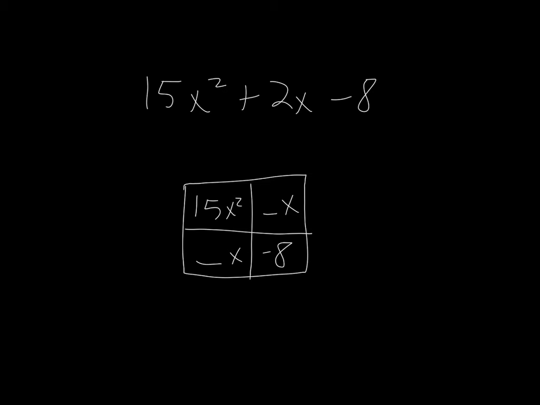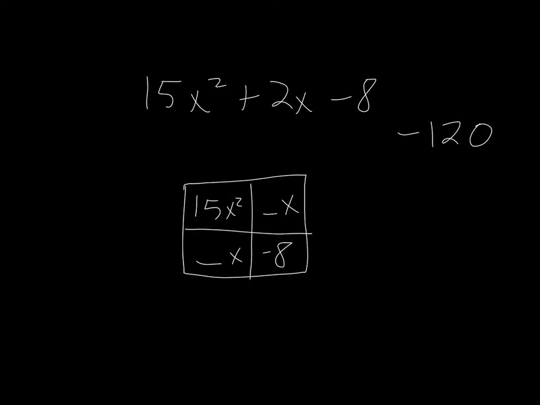So I need to multiply 15 by negative 8. You may have noticed from the last time that x squared just basically proves that they multiply the same thing, but really didn't do anything. So really just need to focus on the numbers. 15 times negative 8 is negative 120. Now this has a few more factor pairs to it, and another thing about this is it is negative. What that's going to mean is I'm going to have one positive factor and one negative factor.